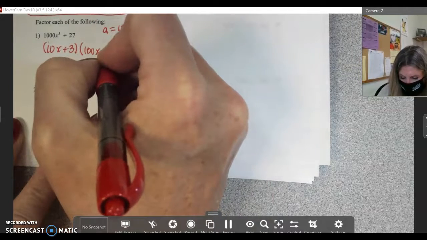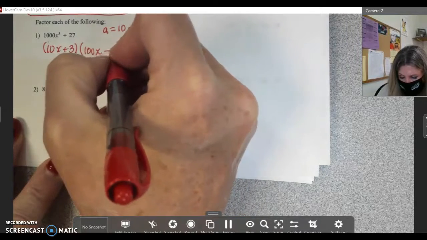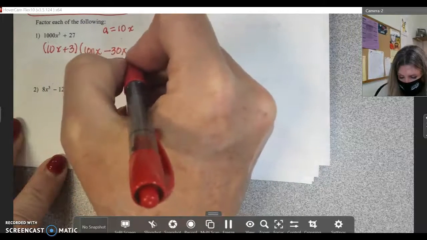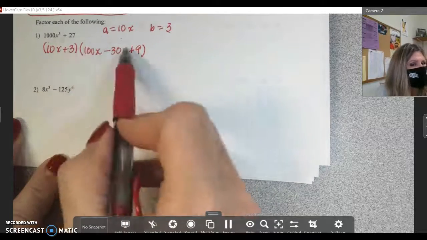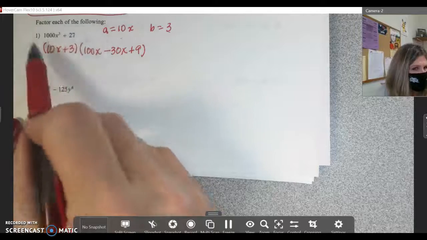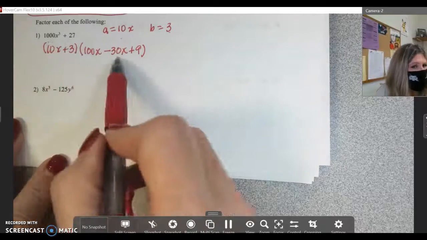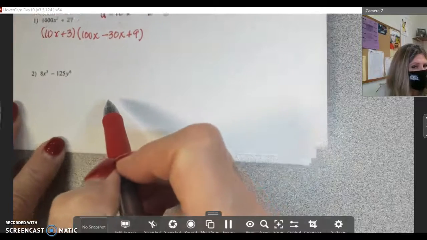What's the sign going to be? Minus. What's a times b? 30x, and then plus b squared. What do I get? 9. So if I were to multiply all this back out like we did before, I would get this back again. That's what we're doing. We're factoring it. So these two multiplied give us this.